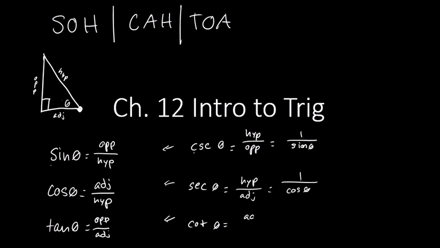And cotangent is the adjacent over the opposite side, and that will be 1 over the tangent of theta. So those are your 6 trig functions, and you need to be able to figure out what sides are what according to the angle that they're asking about and these 6 trig functions.